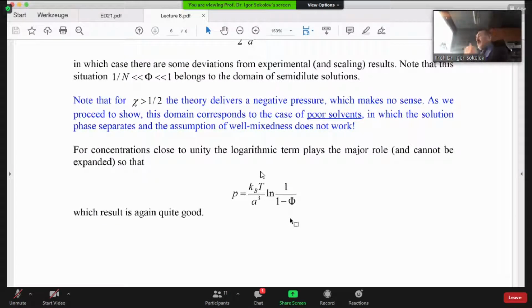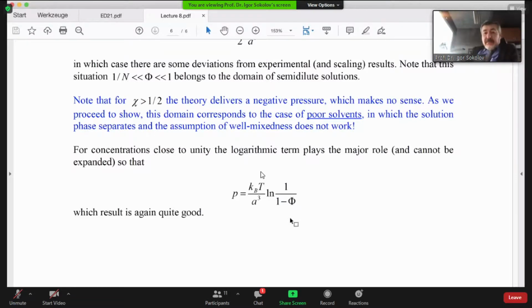So in the dilute regime, the Flory Huggins approximation gives you the correct result. Any dilute system behaves like an ideal gas. In the concentrated regime, it gives you something which is okay. This is logarithmic.